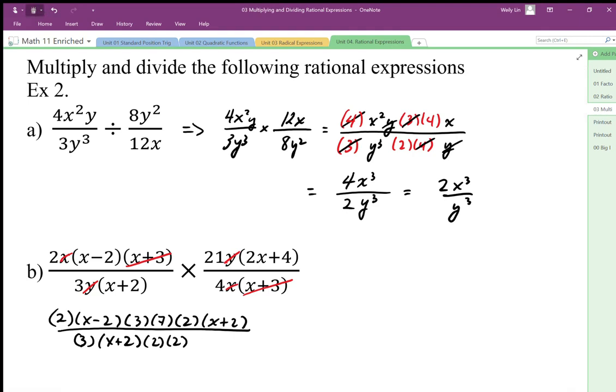Now I can cancel out some common factors again. The x plus 2's cancel out. I've got a 2, 2 times 2 divide 2, times 3 divide 3. Everything in the denominator cancels out, and what's left in the numerator is 7 times x minus 2, and I'm going to leave my answer in factored form.